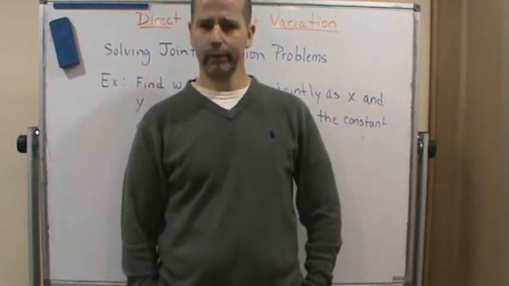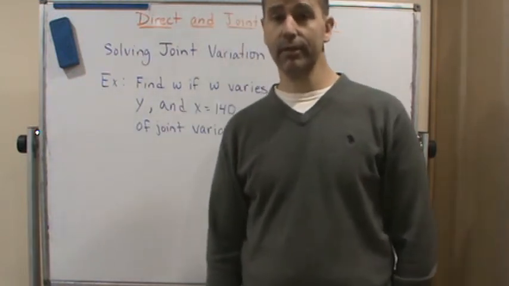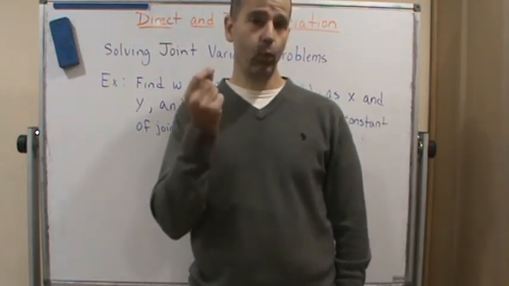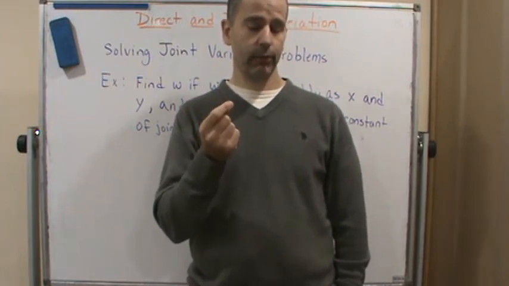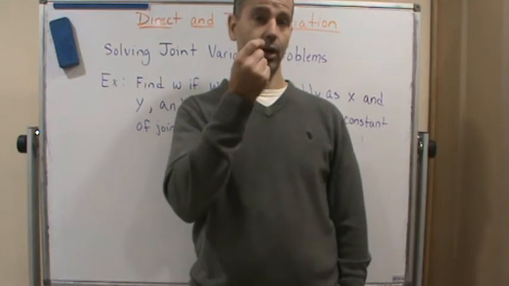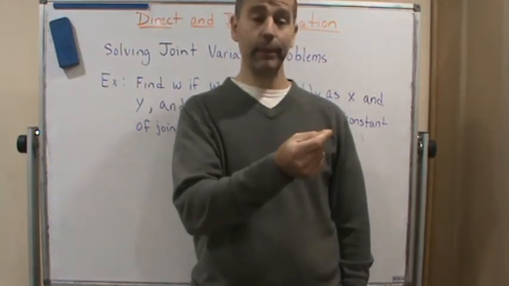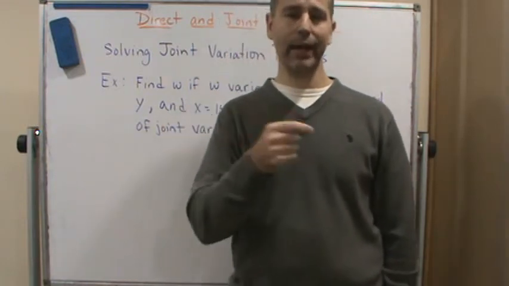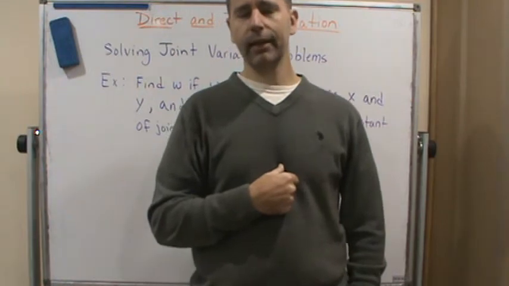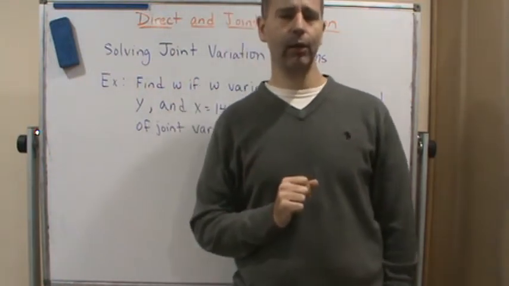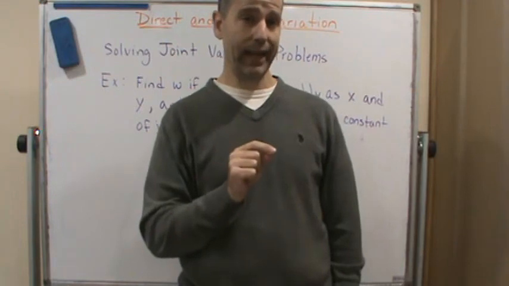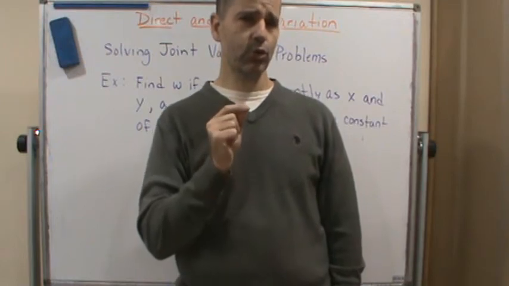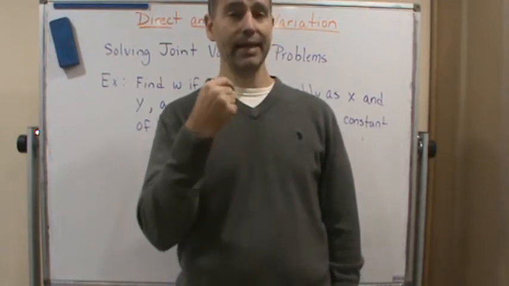But what about joint variation? Well, joint variation is just very similar to direct variation, except it's multiple variables. So let's say you've got one variable that varies directly as two other variables. Let's say you have x, y, and z. And let's say you've got y, and y varies directly as x, but y also varies directly as z.